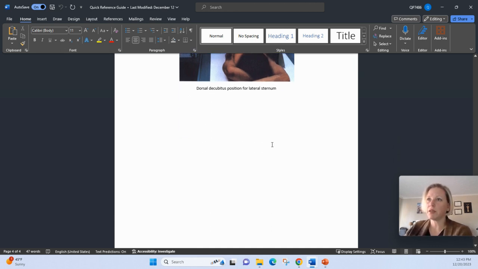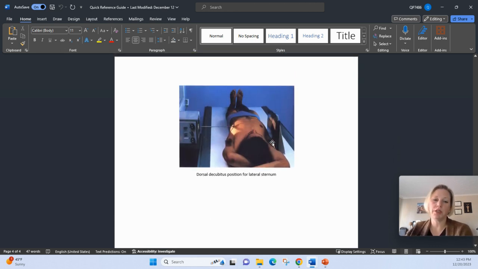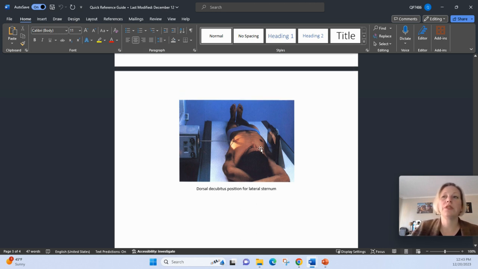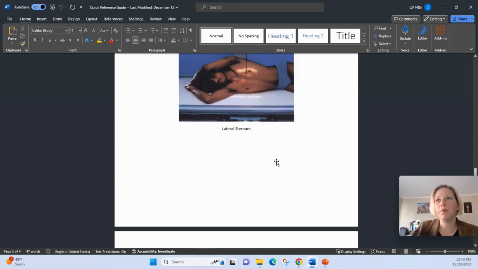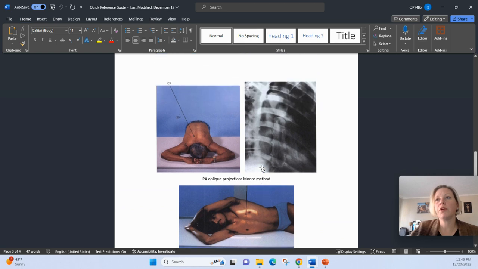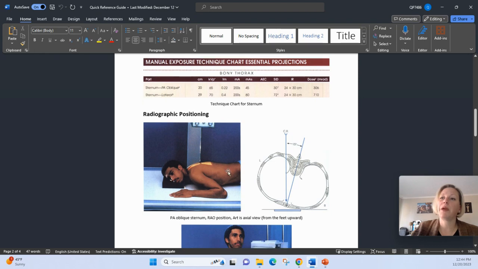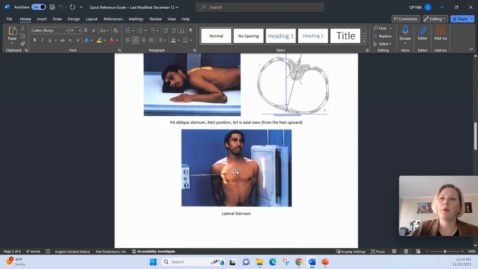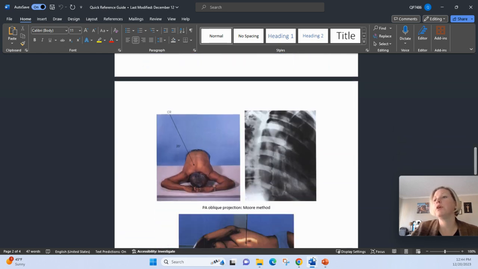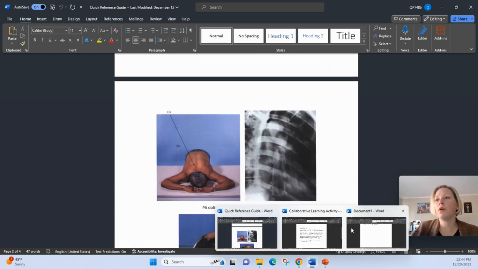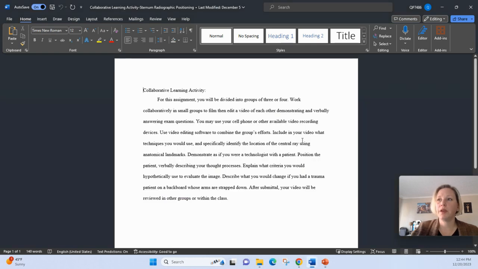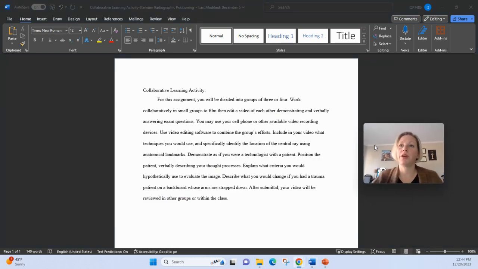So when you're practicing, make sure that your patient looks similar to the pictures here, and also make sure that you review where your CR is entering, and make sure that you are collimating to the anatomy of interest.